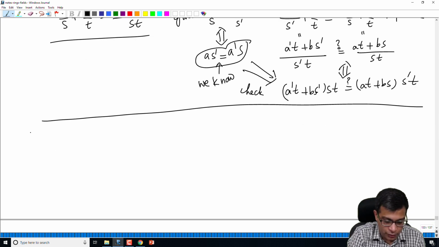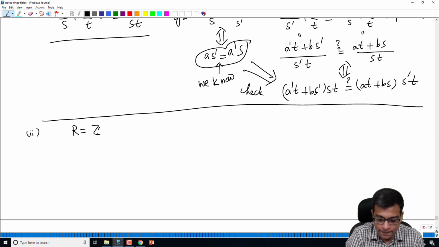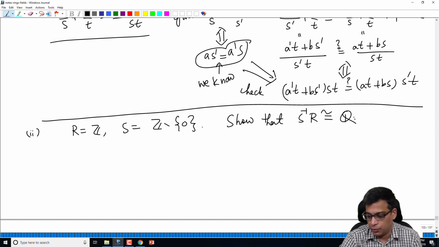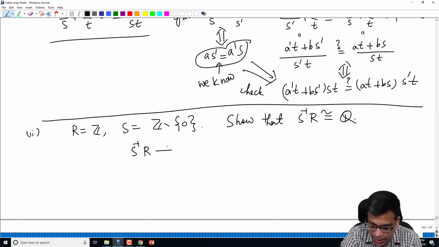Now the second part of the exercise I want to check is, let's take R to be Z and S to be Z minus 0. This is our model for the localization. Then we have to verify that what we get is S inverse R is equal to Q. I will not do all the details, but it's clear what the map should be.